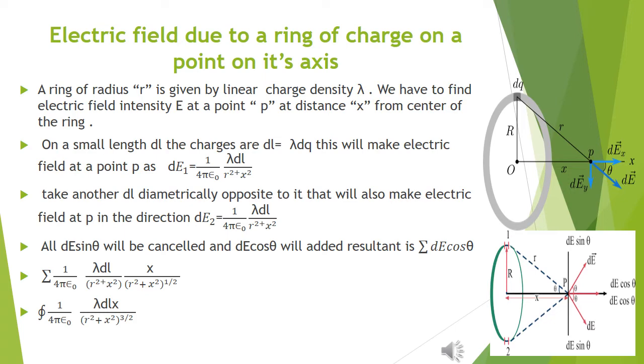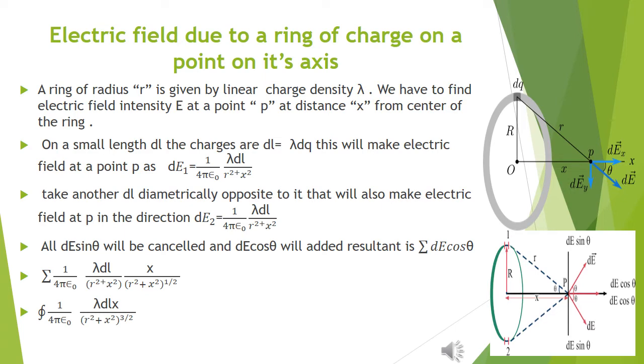Same for dE2. When we take 2 points diametrically opposite, the dE sin theta for both electric fields will be cancelled out, and we get a resultant electric field which is dE cos theta in the direction of the axis.